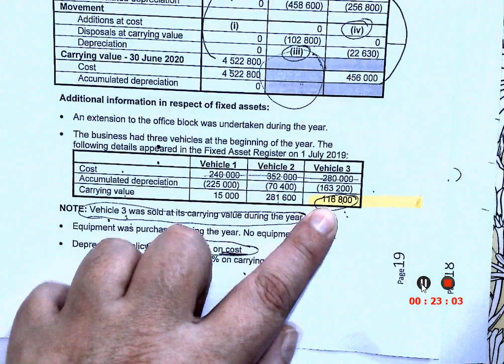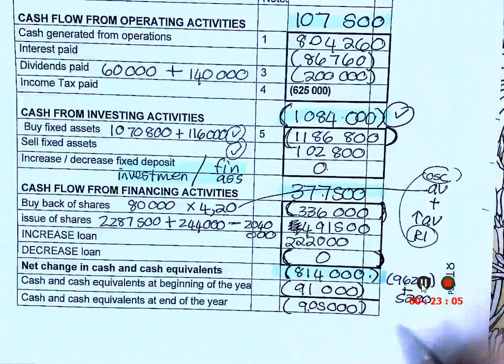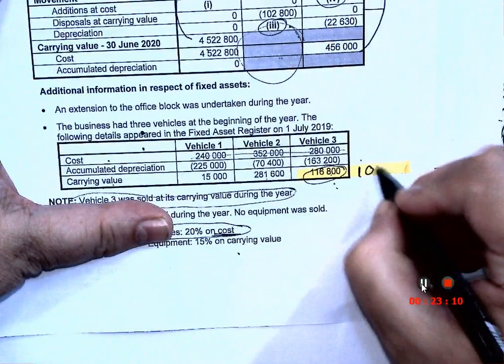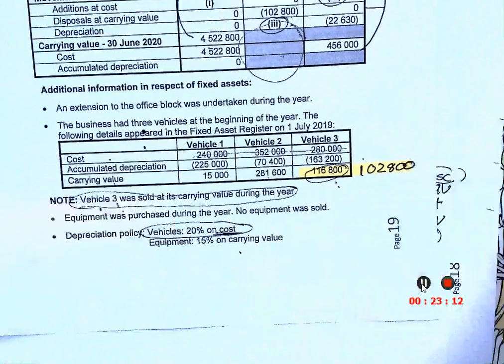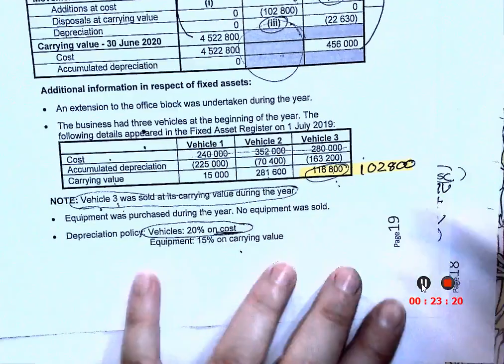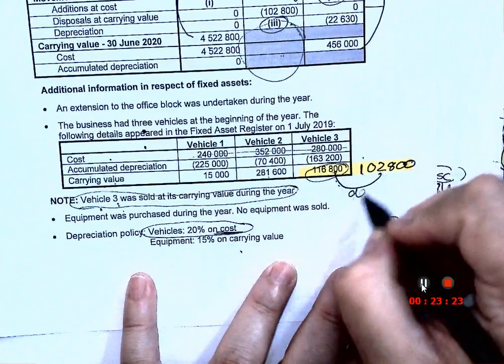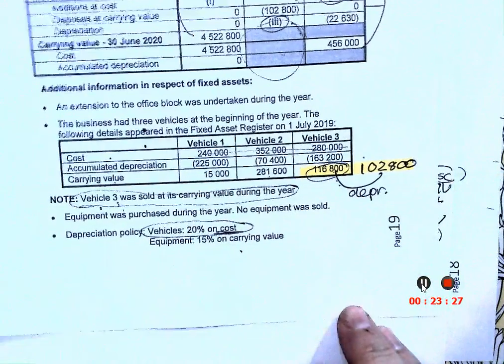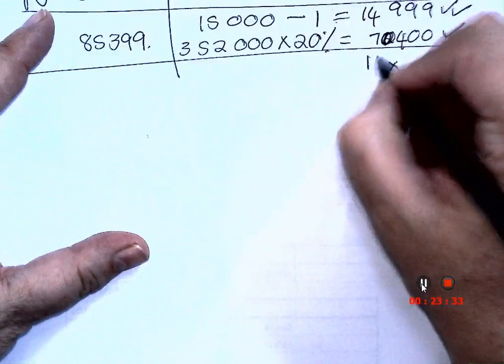When I look here, this year's carry value is 102,800. And remember, the carry value goes down because the accumulated goes up. And what does the accumulated go up with? The depreciation. So the difference here will give me the depreciation. And that is 14,000. So I go back and I say, okay, plus 14,000.